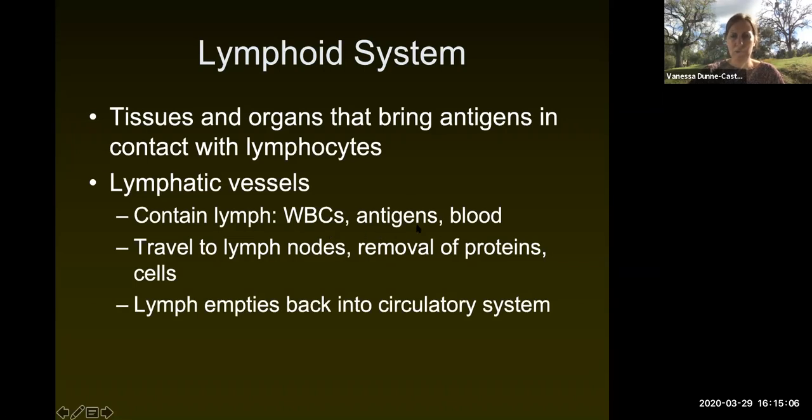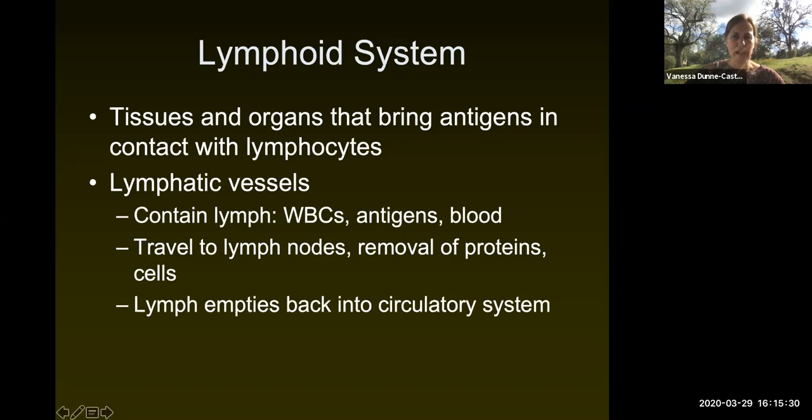Any antigens that were there are going to be in that lymph, and then any blood that has arrived. And if you recall from our conversation about inflammation, you of course have edema built up at any site of inflammation as those blood vessels get leaky there. So you definitely have some infiltration of blood to those areas too that needs to come out of the tissue, and it does so by traveling through the lymph.